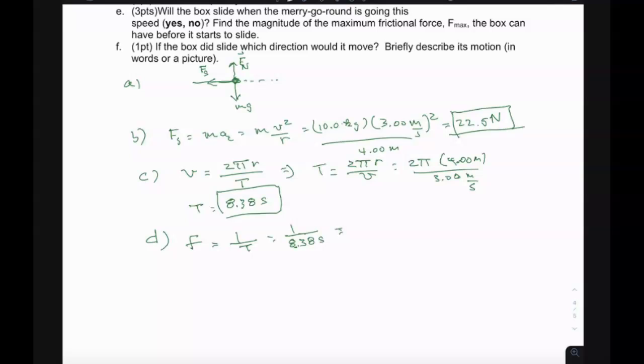And we put that in our calculator, and we see that is 0.119 seconds to the minus 1, or revolutions per second. That's worth 1 point.